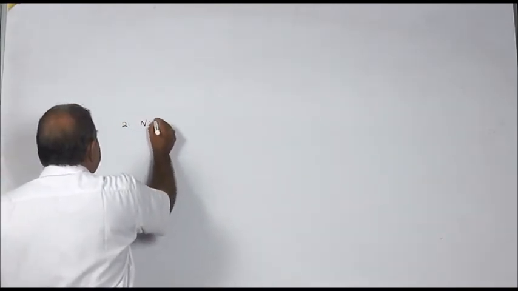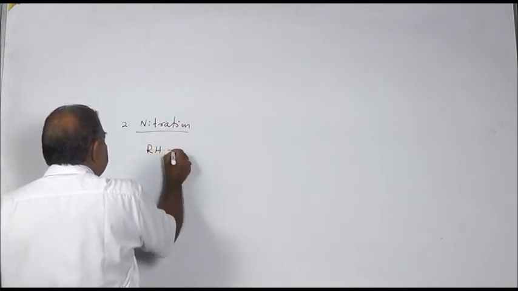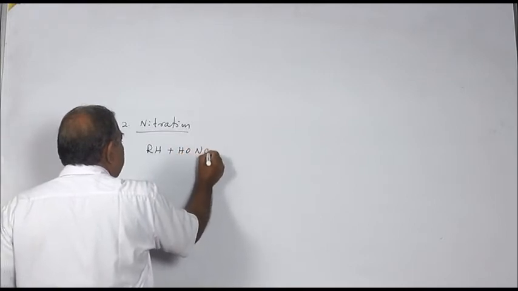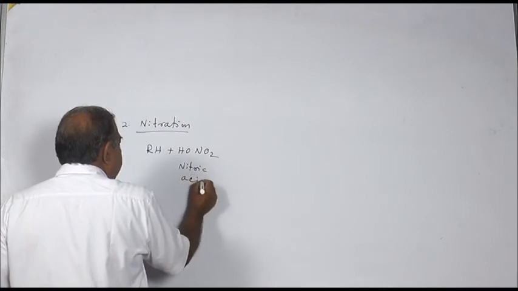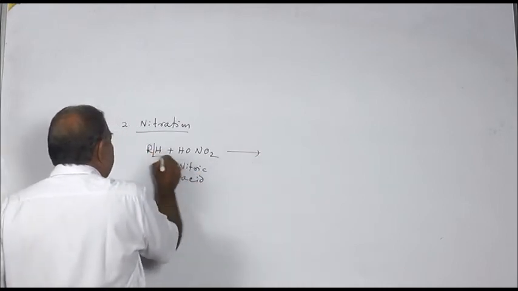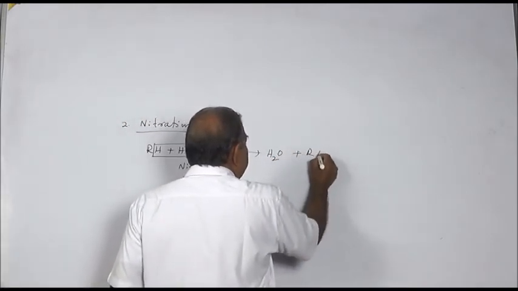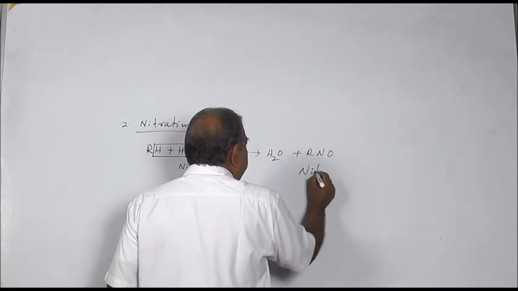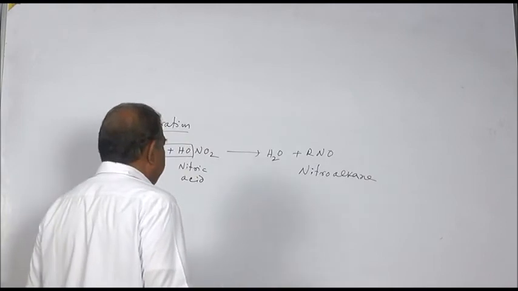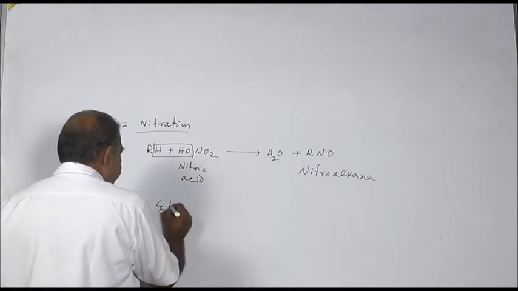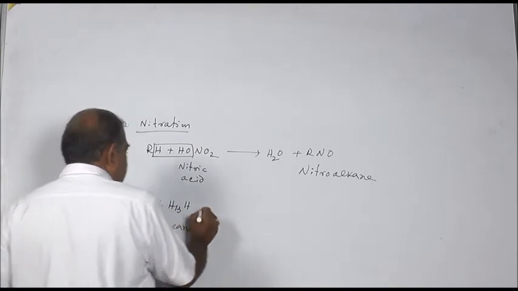Nitration is carried out by nitric acid. If you are taking alkane, nitric acid I can break into HO and NO2. This is your nitric acid. Here there is removal of one molecule of water and you are getting nitroalkane. Though theoretically all alkanes can be nitrated, it is hexane and higher members that are easy to nitrate.